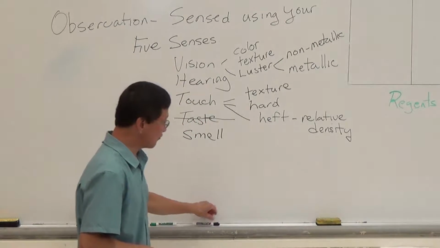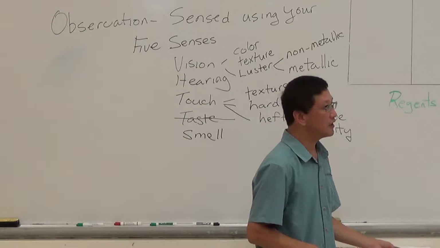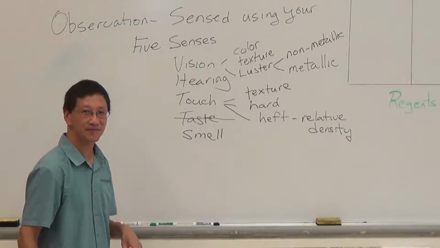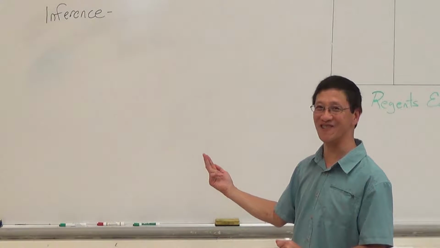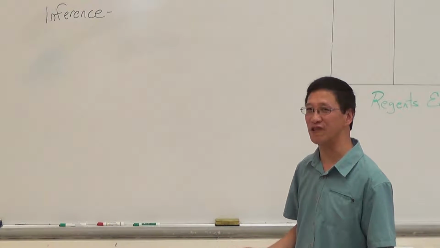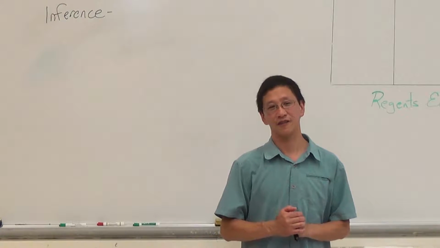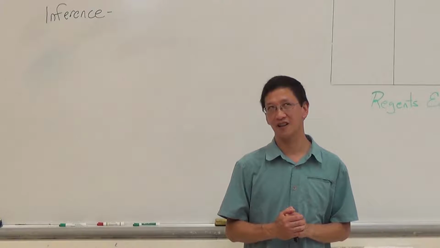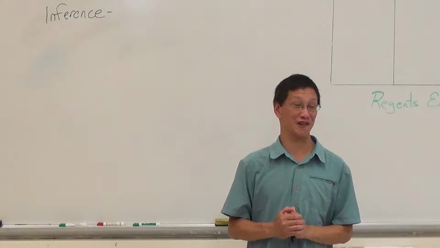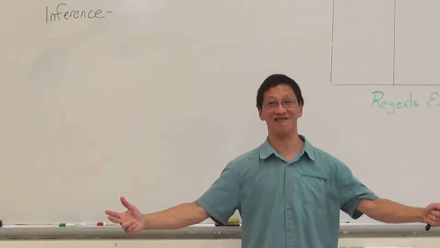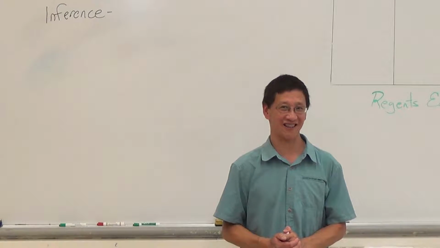So, there's one other thing we have to look at. And that is inference. What's an inference? I can infer that roughly between 14 to 16 years ago, you were born. I obviously haven't met you. How am I doing that?